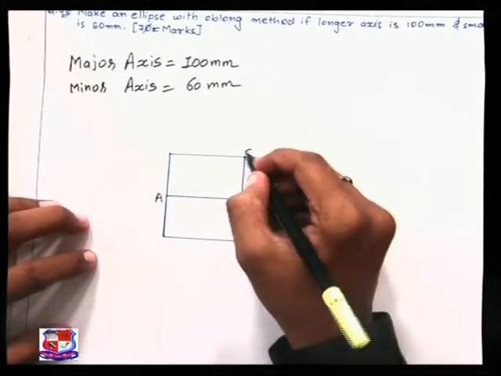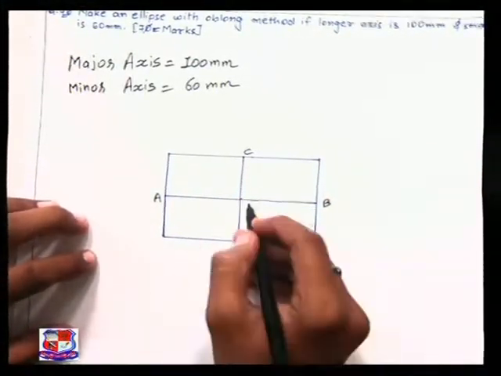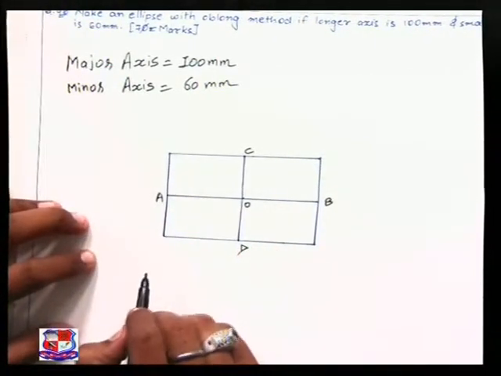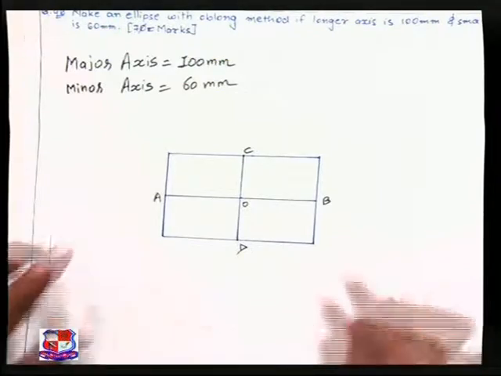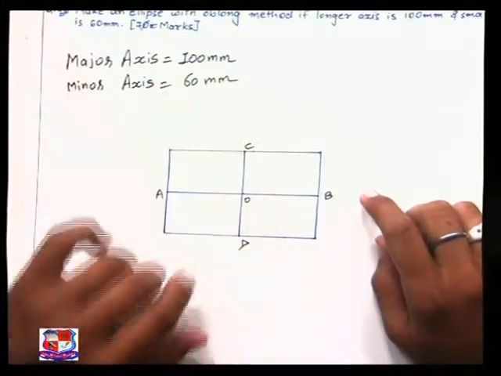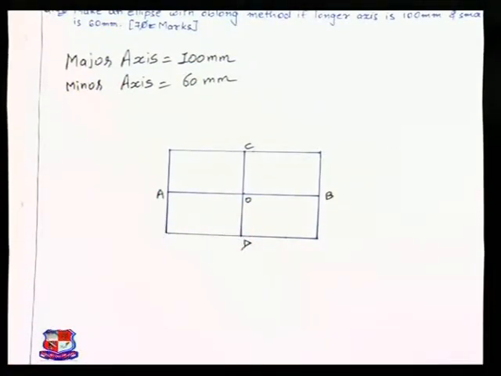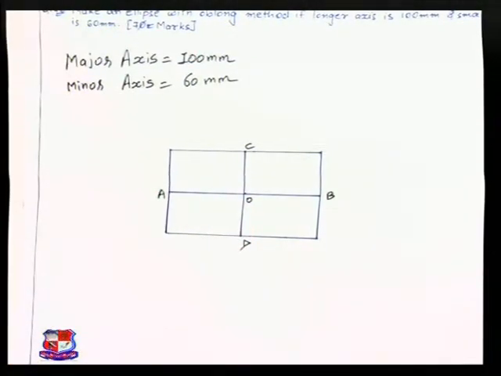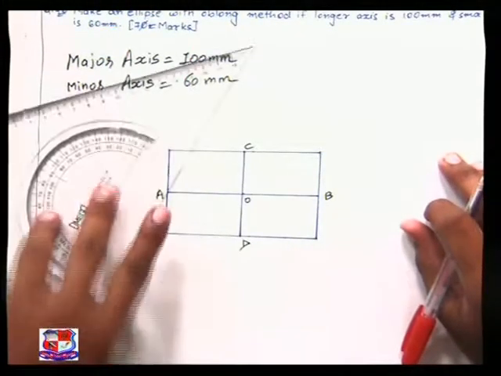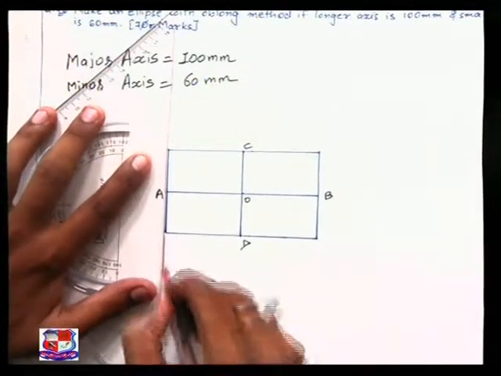Name the lines: major axis is AB, minor axis is CD, and their intersection point is point O. It is very much recommended that you mention the dimensions below.